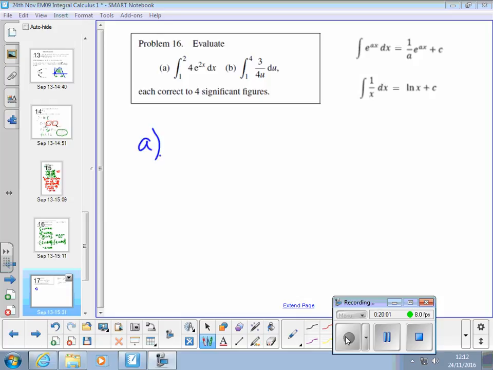A. The integral between 2 and 1 of 4e to the 2x.